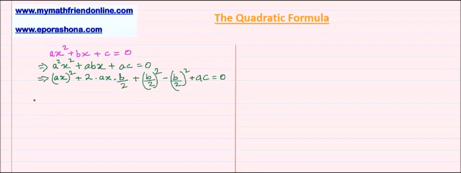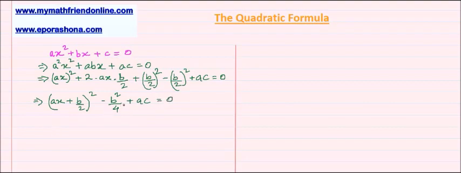Now these three will get combined to form ax plus b by 2 whole square, and this is minus b square by 4 plus ac equal to 0.